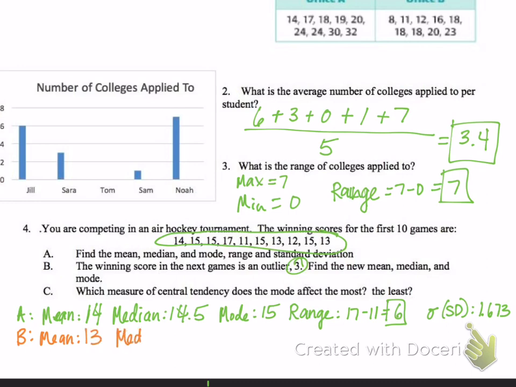My median is now 14. My mode is still 15. My range, 17 minus 3, which is 14. And then my standard deviation is 3.54.